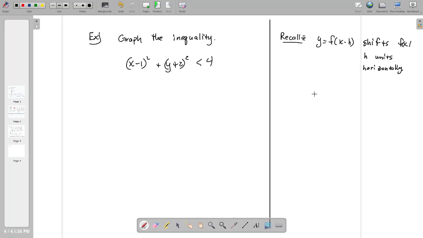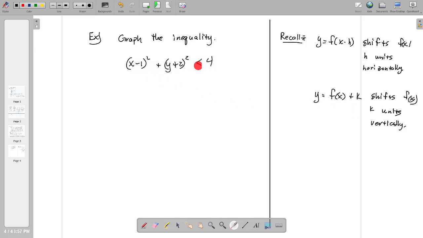We also had that y is equal to f of x plus k shifts f of x, k units, vertically. Now notice here, we have a different sign. We have minus h and a plus k. But if k is positive, we're still shifting up, and if k is negative, we're shifting down.